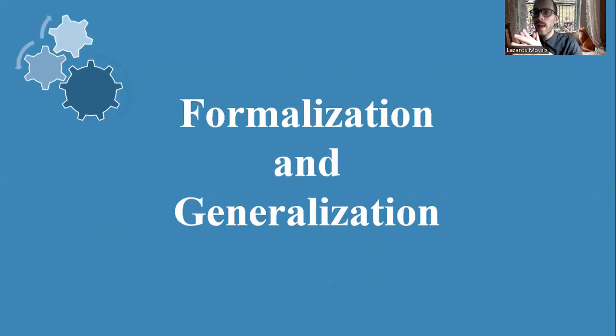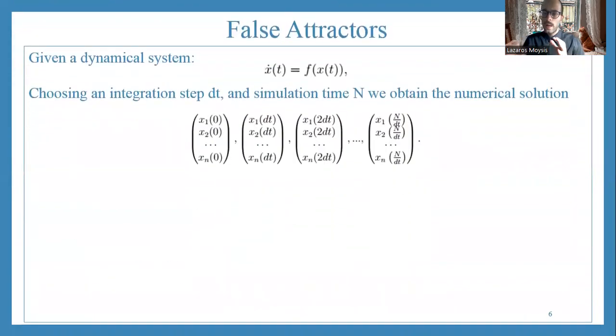So first of all, let's formalize the technique. The authors have a very clear discussion of how they create false attractors. In our paper, which is under construction at the moment, we formalize this and present it more analytically so that it can be easily replicated by other authors. Starting from a dynamical system, let us choose an integration step, a simulation time, and a solving technique like ODE45 in MATLAB.